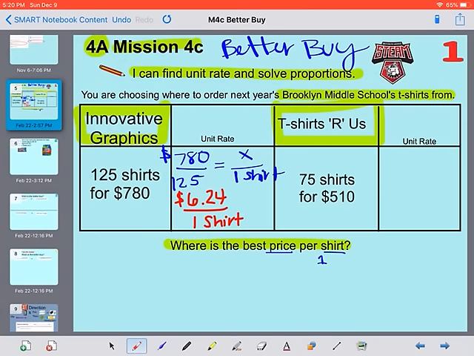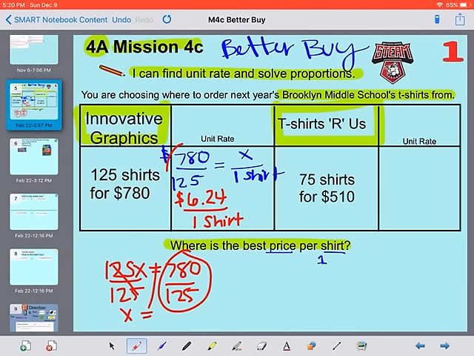If you cross multiplied, you would have had 125 times x equal to 780, and again just divide by 125, which is exactly what I did. 780 divided by 125. So it costs $6.24 for one shirt at Innovative Graphics.